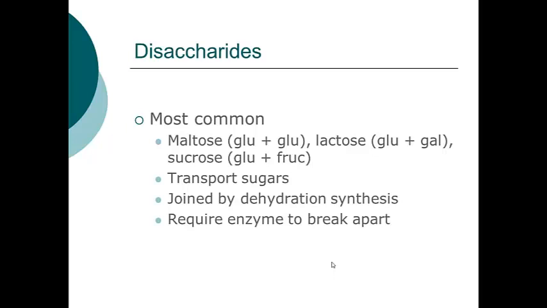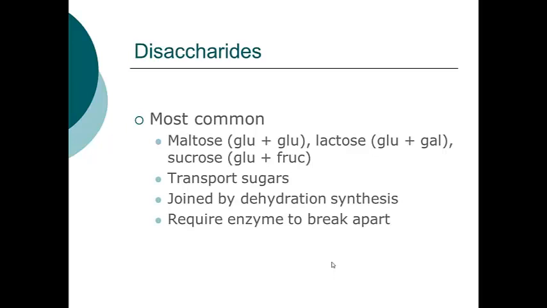Again, I said earlier that disaccharides are a means by which plants frequently will transport sugars from the site where they're made, which would usually be a leaf, occasionally a photosynthetic stem, but usually a leaf, to some place where it's going to have long-term storage.